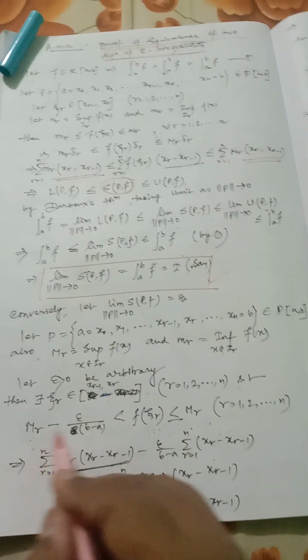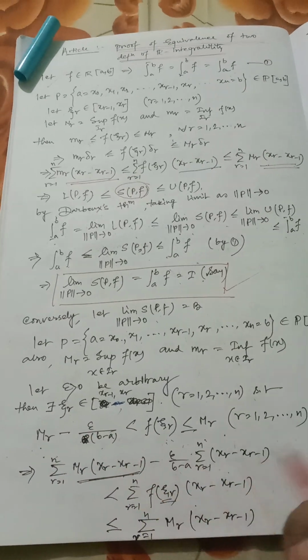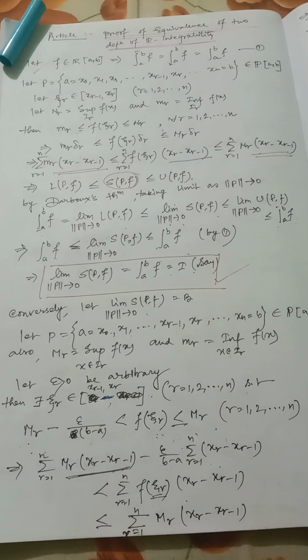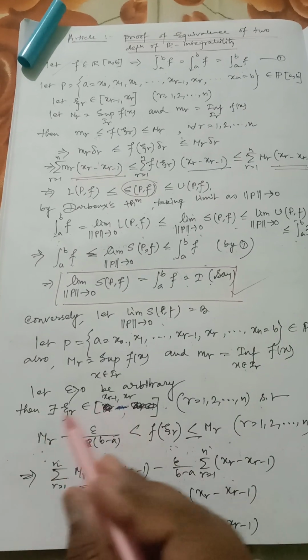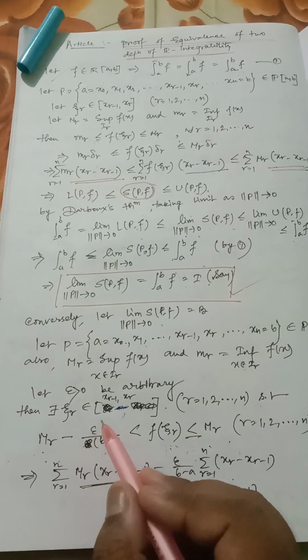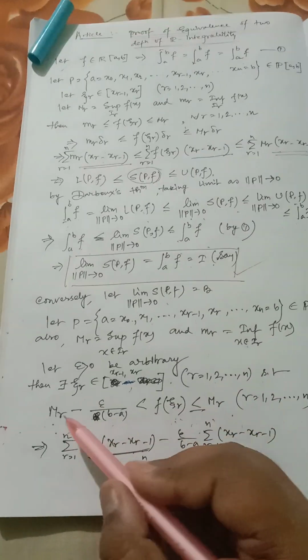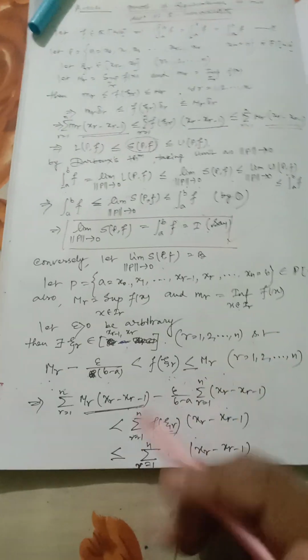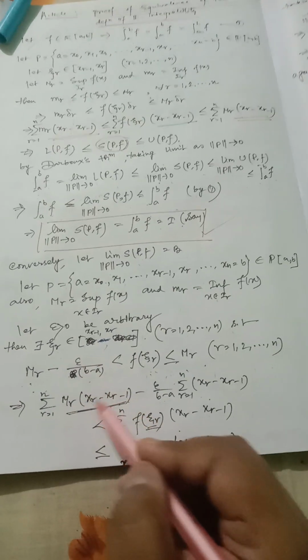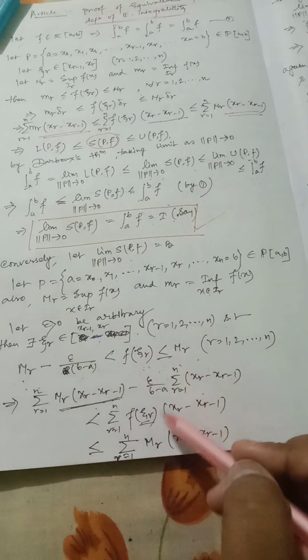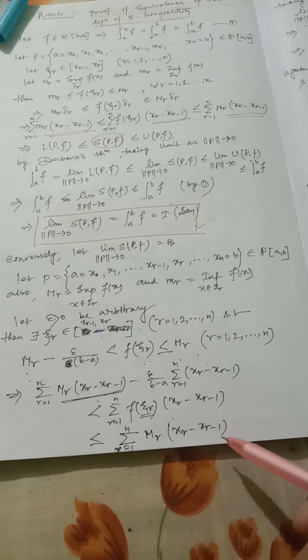Here I have taken m r minus epsilon by (b minus a). Why? Because you can imagine the length of the total interval is what? b minus a. That's why I have taken the quantity like this, m r minus epsilon by (b minus a). Now operate delta r on either side. Delta r means x r minus x(r-1). So m r into this, epsilon by (b minus a) into this, f of xi r into this, capital M r into this.